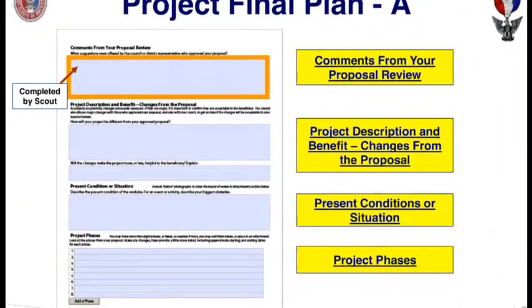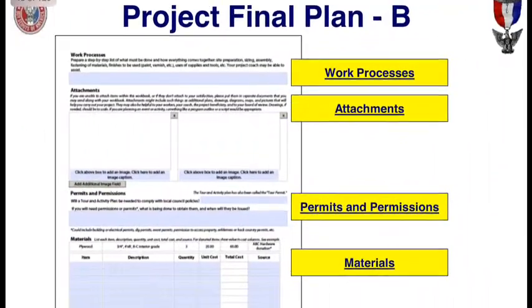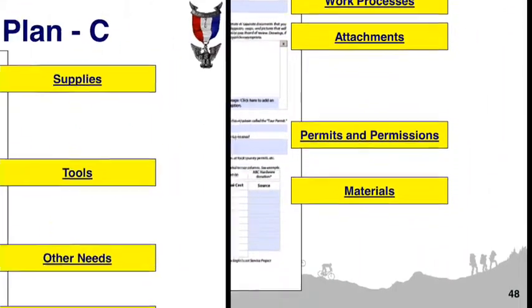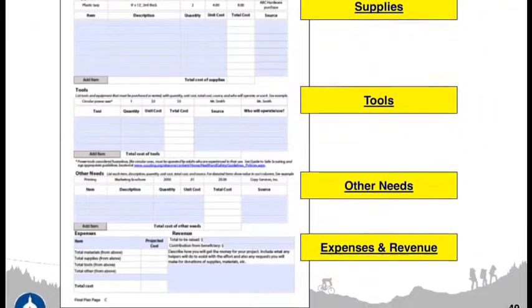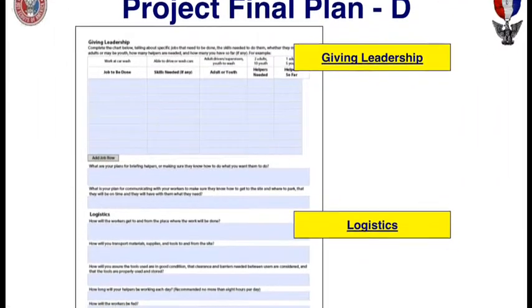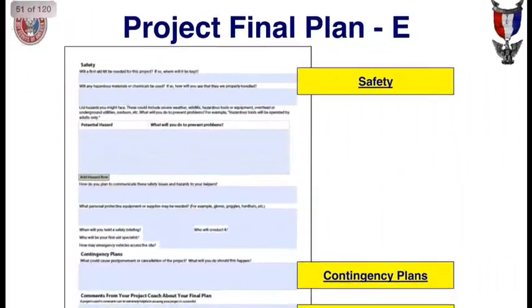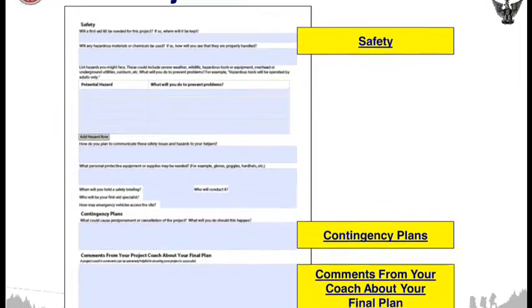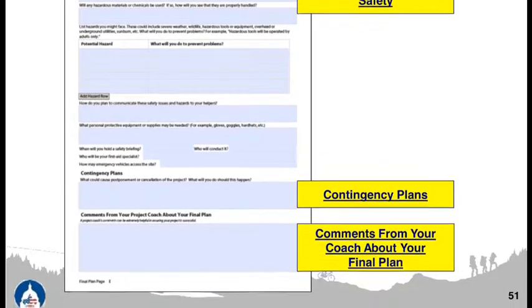The workbook itself provides areas for you to describe your project, include any attachments, permits, materials, supplies, and tools, all other needs, including tracking your expenses and the logistics, in one place for you to keep all of your information as you get ready to perform and execute your plan.